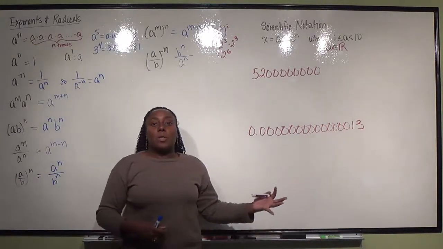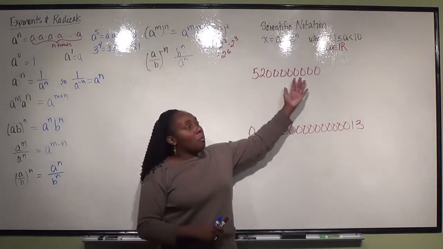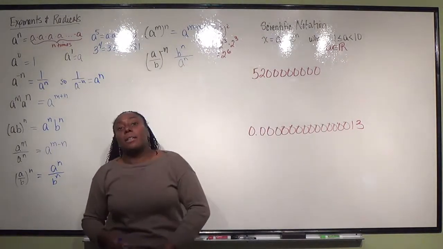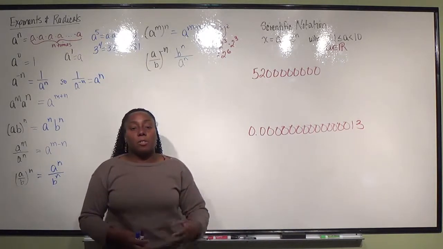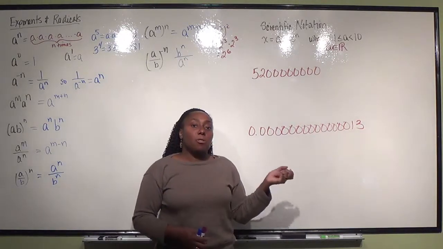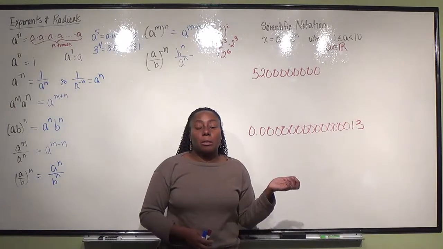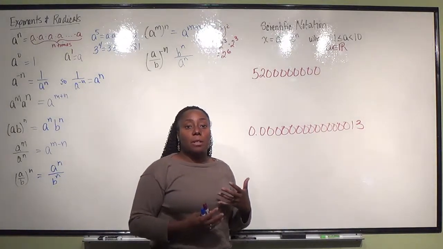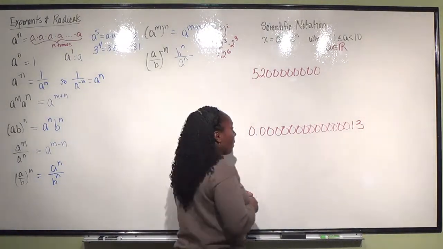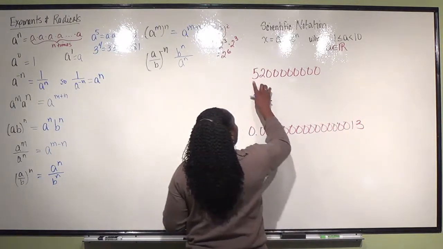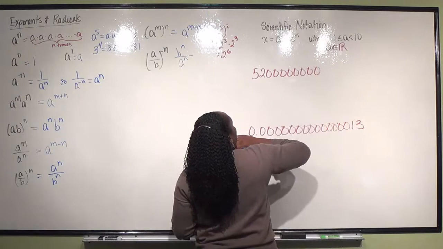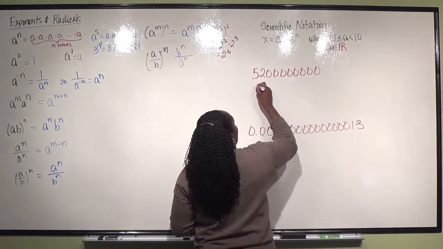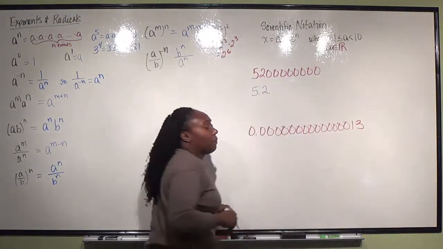I've written these with zeros, but you can have other numbers here. So if I've got a huge number that's in the billions, it doesn't matter if it's all zeros out there. It just matters what those first couple of numbers are, because then I can round it off to a significant number of digits. Okay? So in this case, my two main numbers here are 5 and 2. To get that between 1 and 10, I'm going to think 5.2.